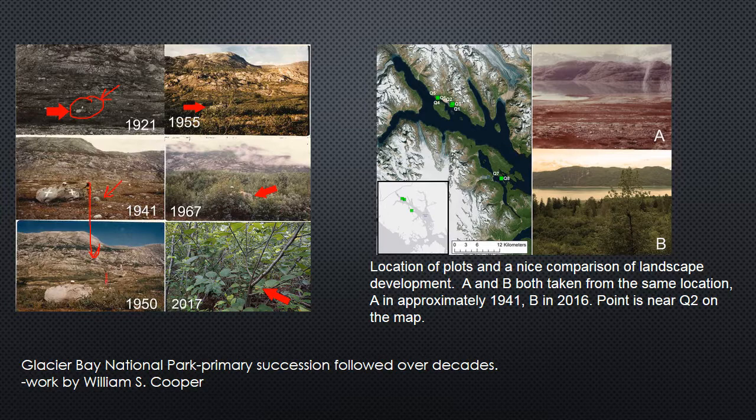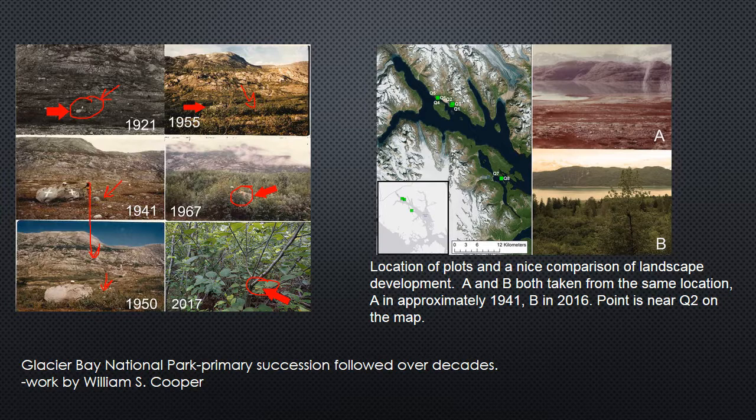As they die, then we start getting some shrubby material, some slightly taller shrubby material, and then you'll see we get some low trees, and here's that boulder right back there. And then by the time we get to 2017, you can't even see that boulder because it's been covered by trees. So that is a great study on primary succession.